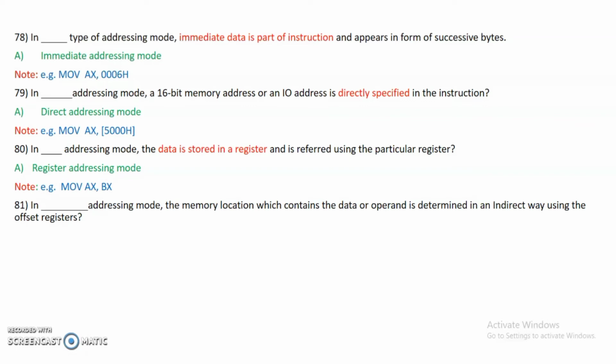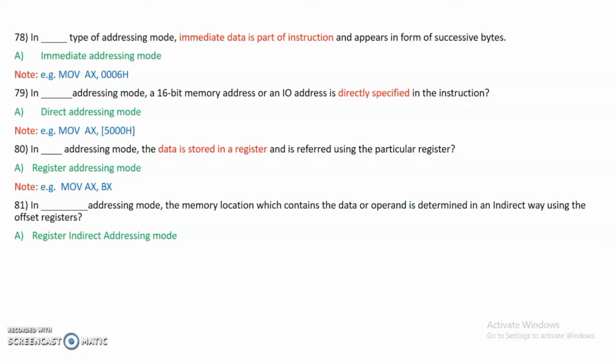Bit number 81. In dash addressing mode, the memory location which contains the data or operand is determined in an indirect way using the offset registers. So the answer will be register indirect addressing mode. In this register indirect addressing mode, the memory location which contains the data is determined in an indirect way instead of the direct way.